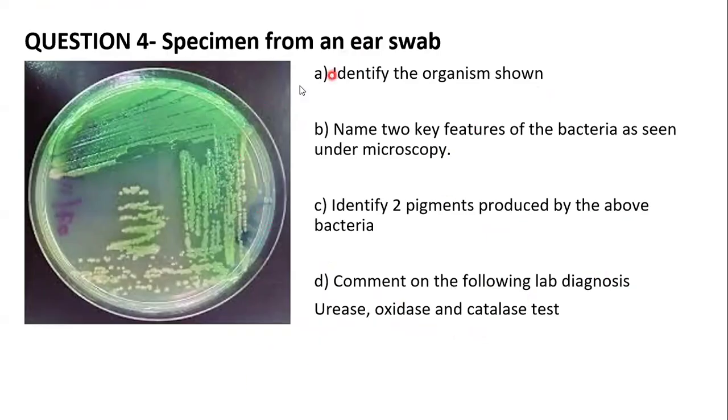Okay. First of all, from an ear swab, this should have given you an answer. So most likely this is a bacteria that causes otitis media, isn't it? Which bacteria causes otitis media?